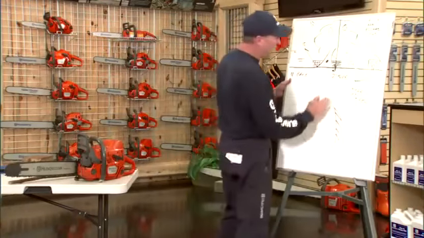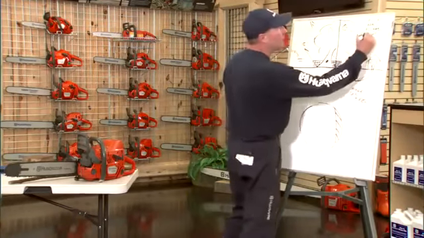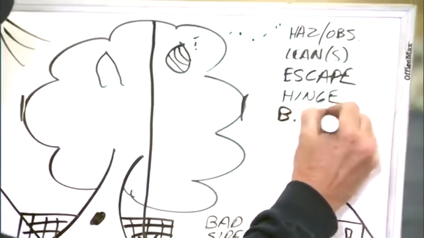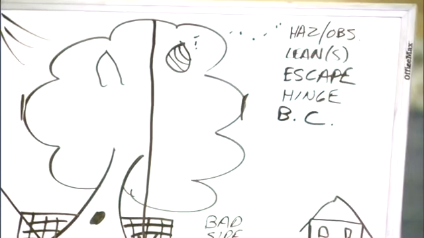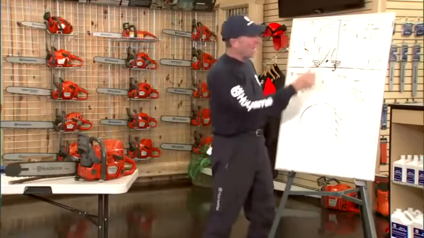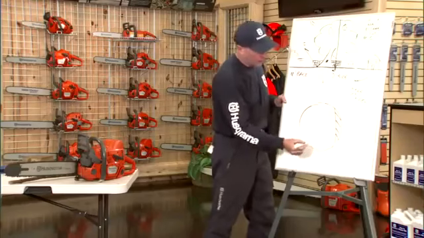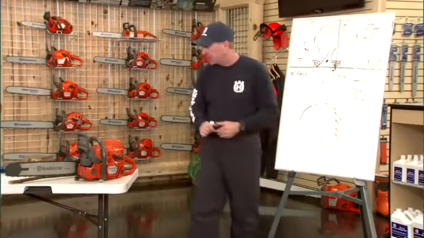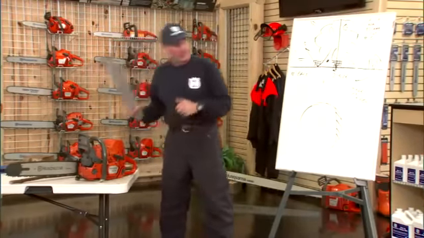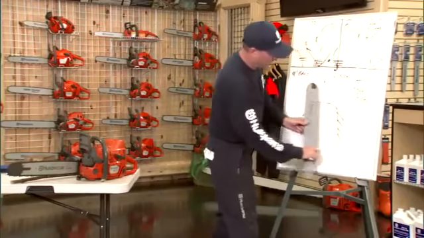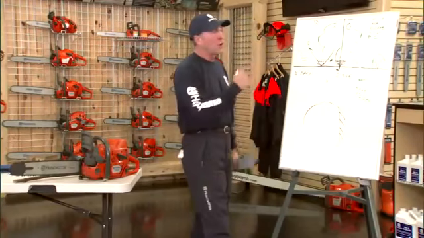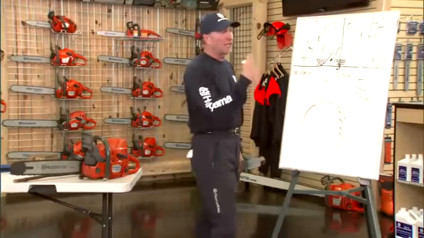And then our back cut plan is step 5. The back cut plan is, once you put the notch in the tree, you need to say, am I going to cut this tree from the back to the front? Or what am I going to do and what do I need? Now in this situation, we've got side lean.